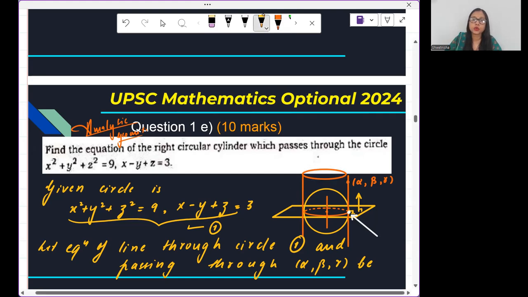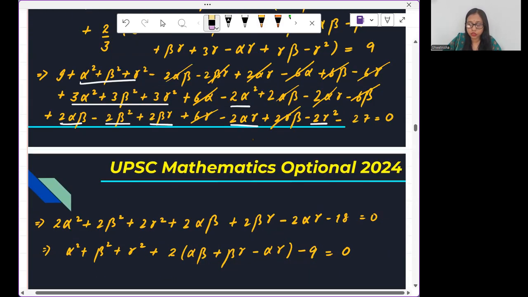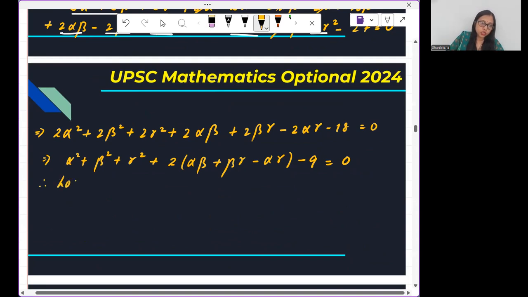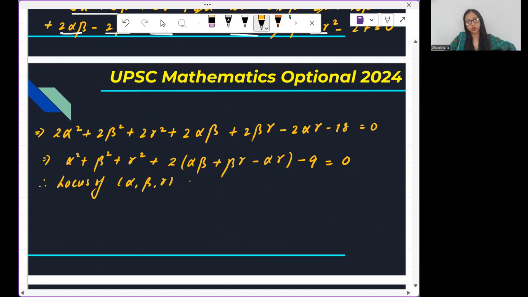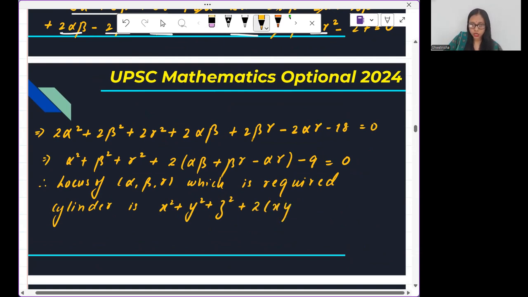All right. So alpha, beta, gamma, I have the relation over here. Therefore, the locus of alpha, beta, gamma, which is the required cylinder, is x square plus y square plus z square plus 2xy plus yz minus xz minus 9 is equal to 0.